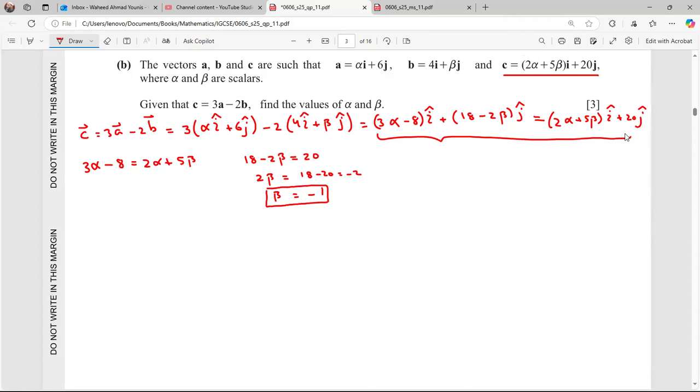So it's going to be 3 alpha minus 2 alpha equals 5 beta plus 8. So alpha equals 5 times beta, which is minus 1, plus 8. So minus 5 plus 8 is 3. So alpha equals 3. This is our final solution. Pretty straightforward question, nothing challenging, no complication.